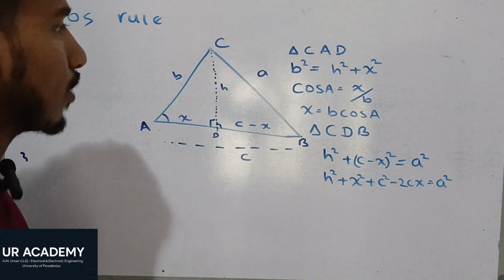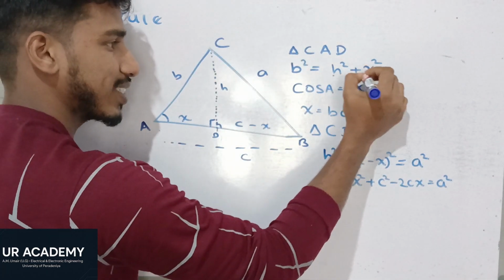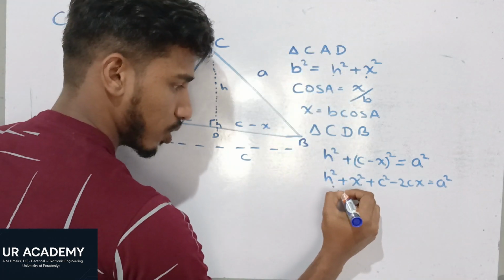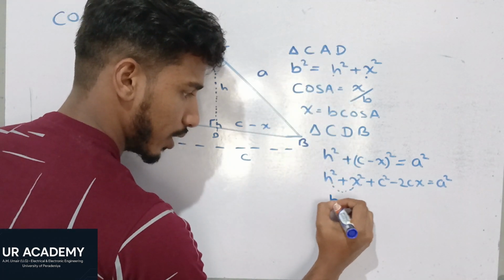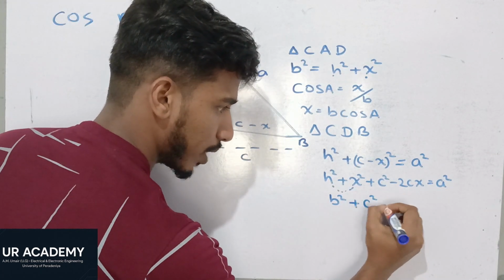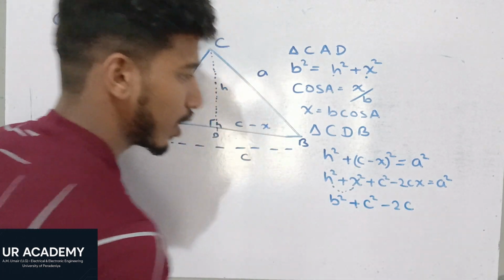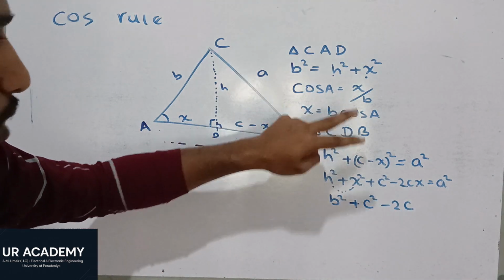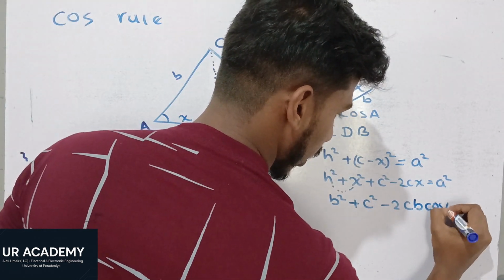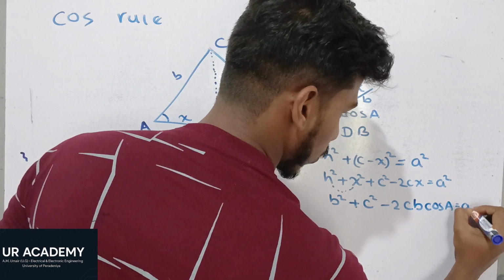Now we already have an expression for h squared plus x squared, which is b squared. So if I substitute b squared plus c squared minus 2c, and instead of x I substitute b cos A, that is equal to a squared.